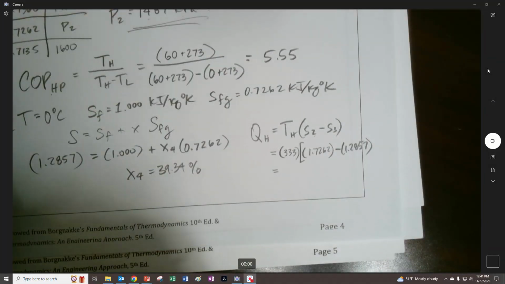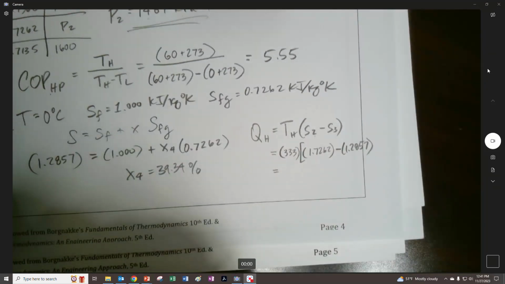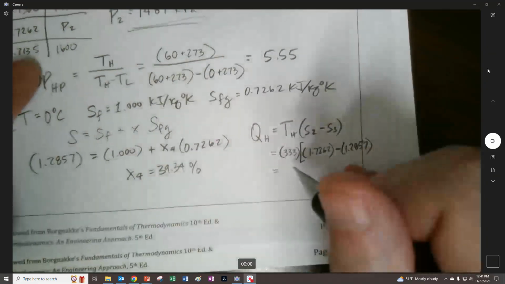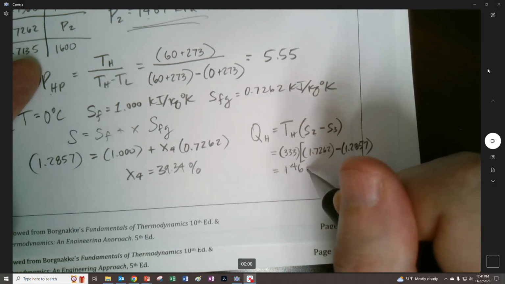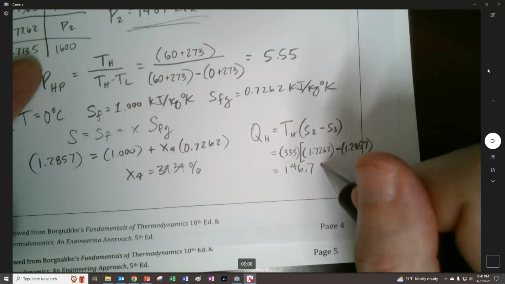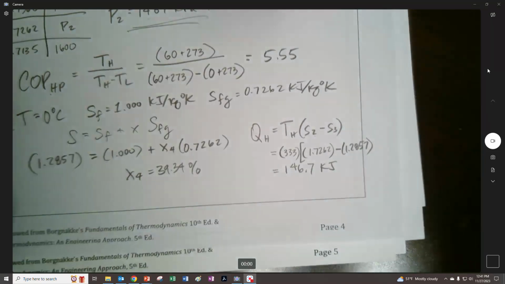So 1.7262 minus 1.2857, times 333, boom, and so we should get 146.7 kilojoules right there being placed into this.